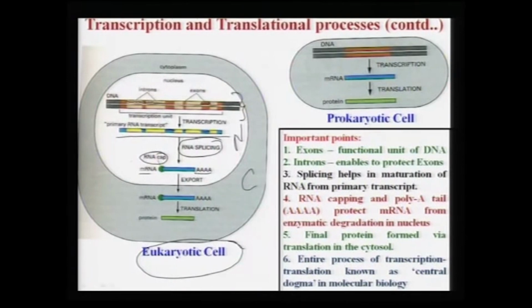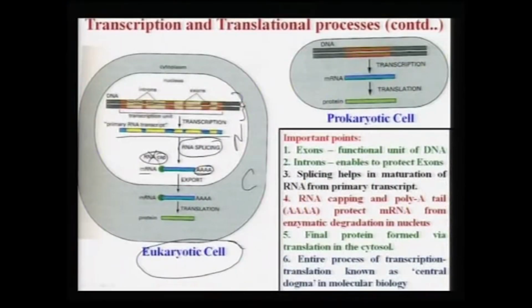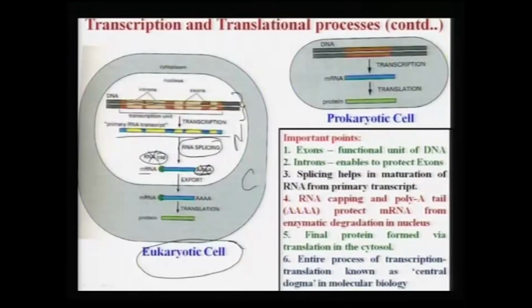The RNA cap and the poly A tail protect the entire RNA molecule from degradation. Why is it known as the poly A tail? Because there are multiple A's, and that is why it is called a poly A tail. Okay.